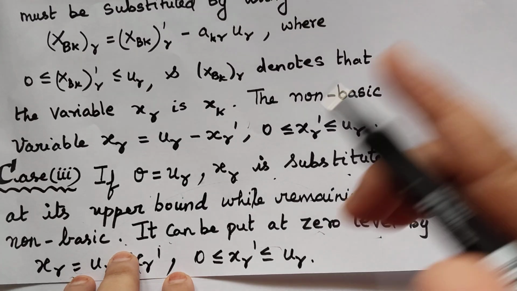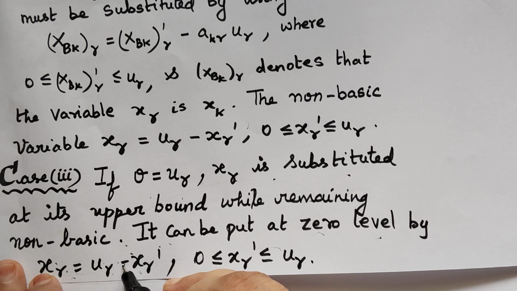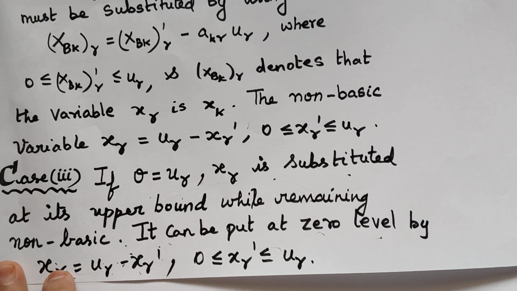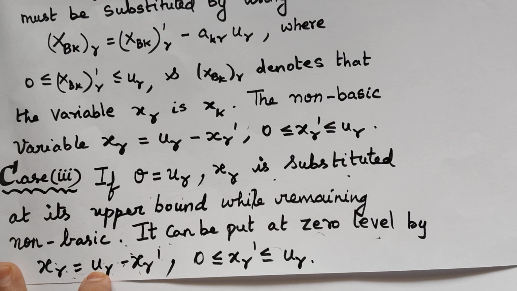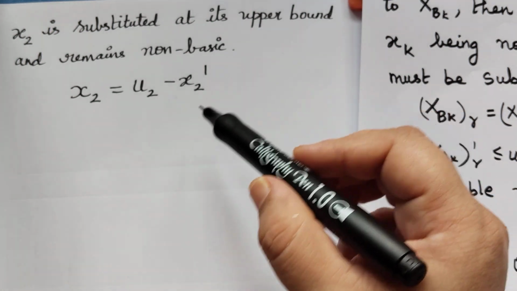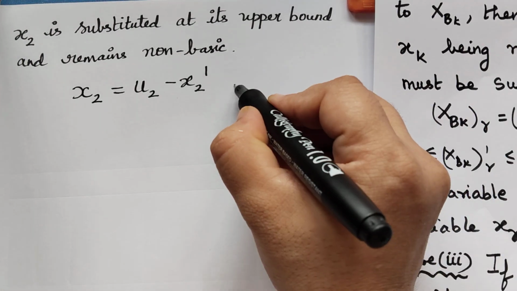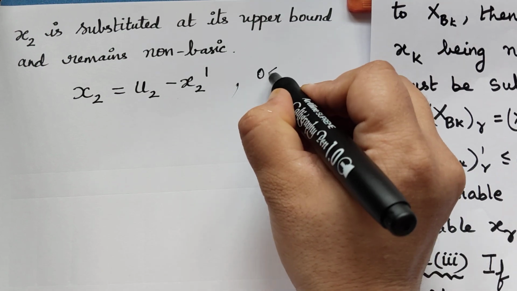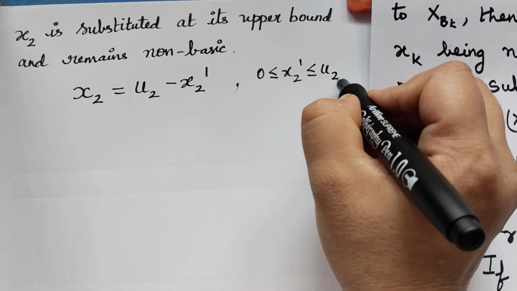So using this, how the substitution has to be made? xr is equal to ur minus xr dash. Now r is 2 because x2 is the entering variable. So x2 has to be substituted to be equal to u2 minus x2 dash. So if you see here, I have written x2 is equal to u2 minus x2 dash, where 0 ≤ x2 dash ≤ u2.